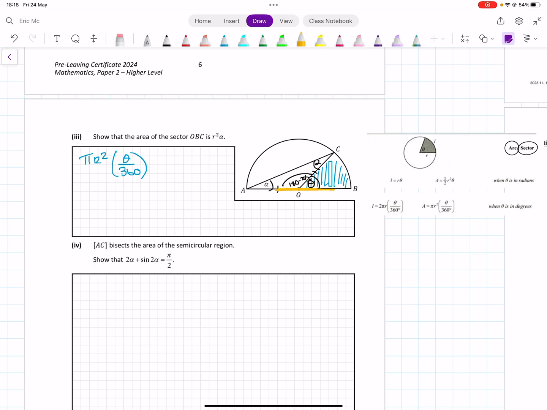And this line here, theta is 180 minus (180 minus 2 alpha), because a straight line has to add up to 180. So that means 180 minus 180 plus 2 alpha. So theta is 2 alpha.